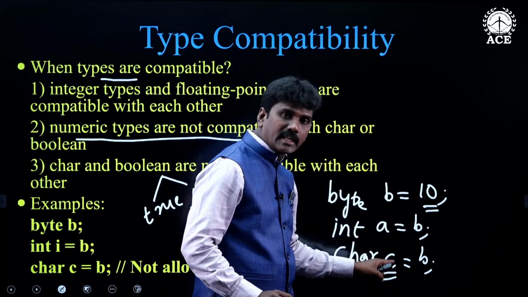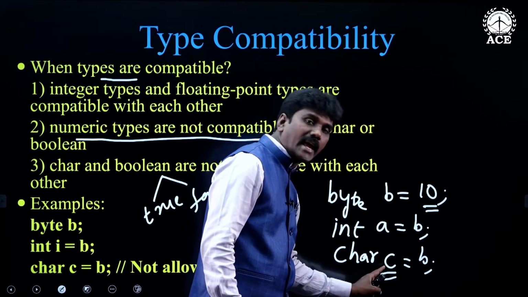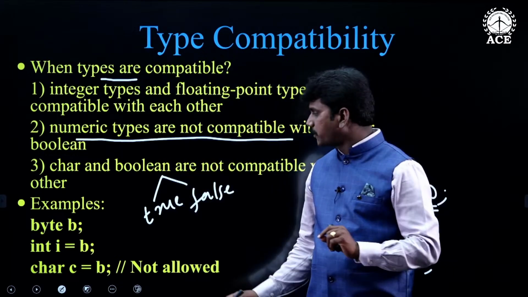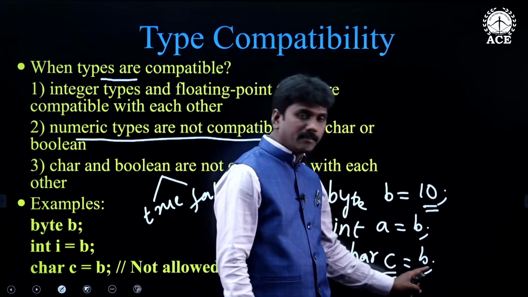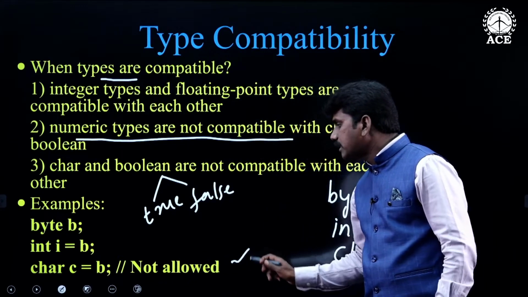But here what we are trying to do is assign one integer value to the character, so it will not allow. That's why it is the incompatible one. It is not allowed because it is incompatible.